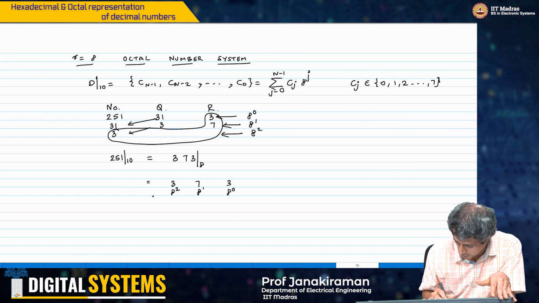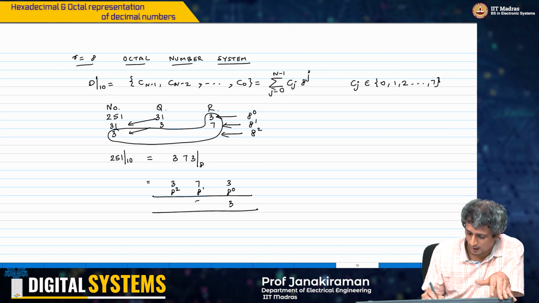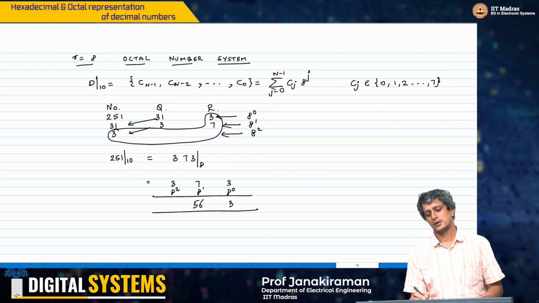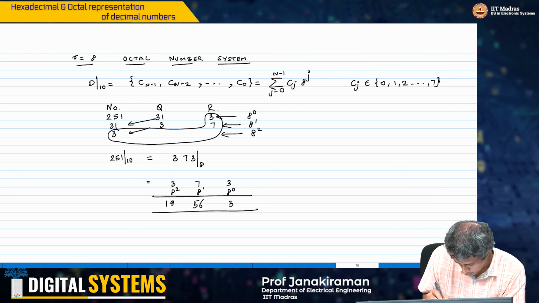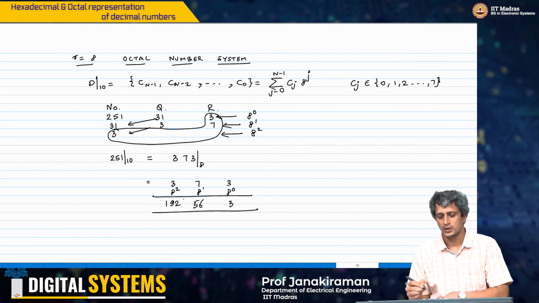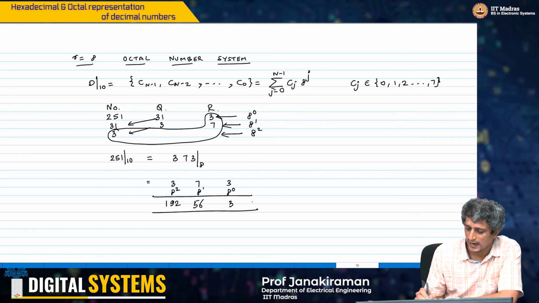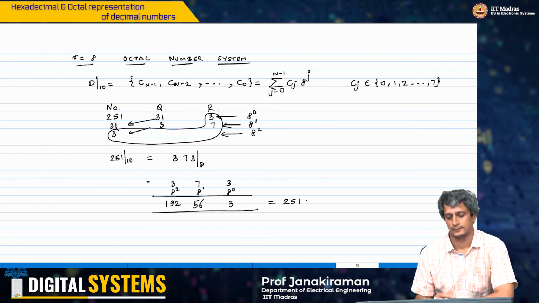So what do I get as the multiplied values? 8 to the power 0 into 3 is just 3. 7 eights are 56. 8 eights are 64, and 64 times 3 is 192. 192 plus 56 is 248, and 248 plus 3 equals 251.